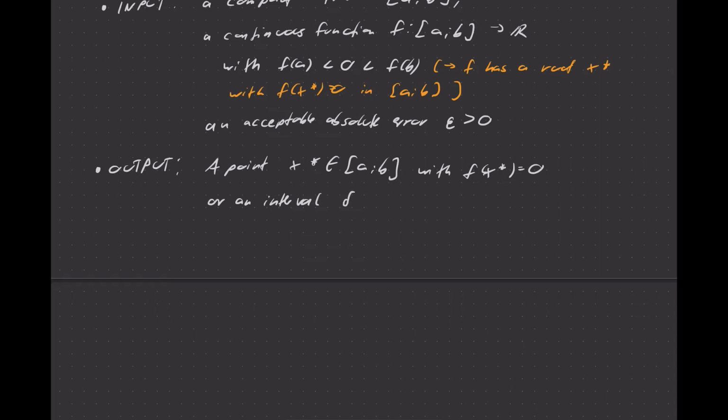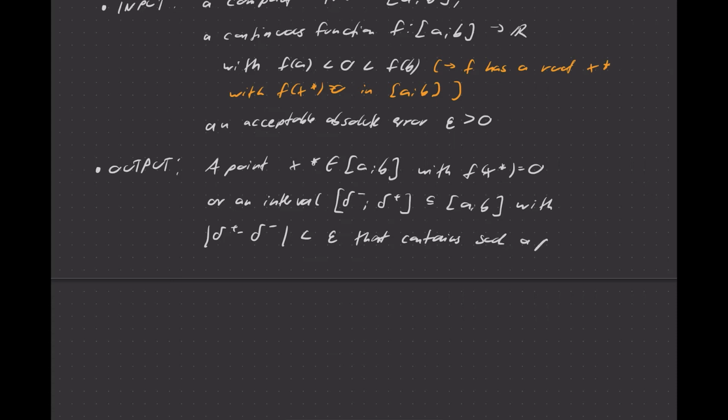And we'll denote that interval as [delta minus, delta plus], and that's going to be a subset of [a, b], of course, such that delta plus minus delta minus is less than epsilon. So the interval is going to be small, and this interval contains a root. So we might not obtain the point itself, but we obtain a small interval that contains it.